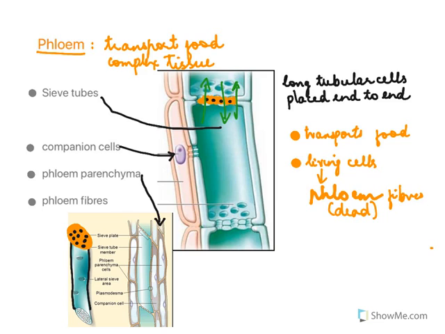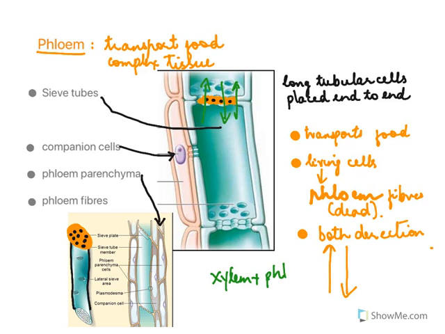All other components are living. And the transport in phloem is in both directions. In the xylem, it was only in one direction, but in phloem, the food moves upwards and it also moves downwards. The xylem and the phloem together make up the vascular bundle.